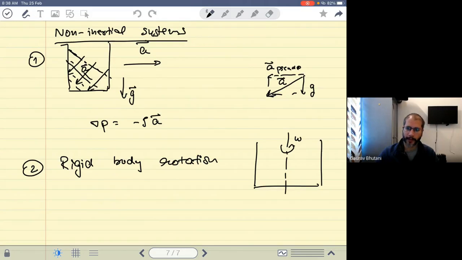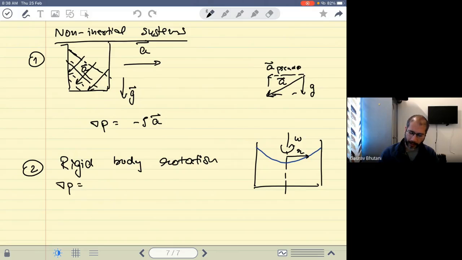If there's an anti-clockwise rotation with the angular speed omega, then because of the rotation, the fluid is going to take a shape which looks like this. This is my radial coordinate r.